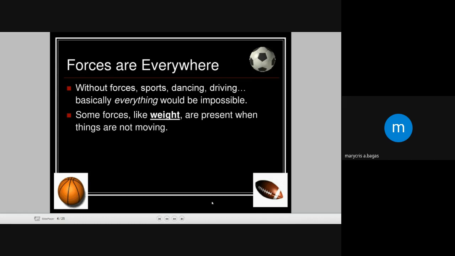You use force every time and everywhere, even when you walk. You use force when you eat, when you watch TV, when you run, when you read, when you write. Some forces like weight are present when things are not moving.